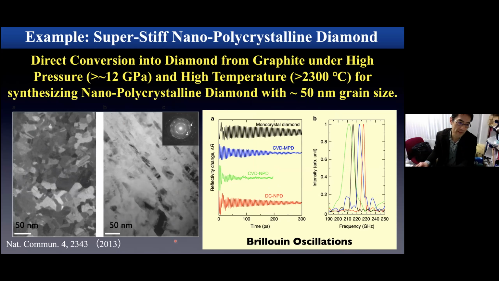But we succeeded, using a special synthetic technique. We have succeeded in making a nanopolycrystalline diamond, which shows many twinning structures.